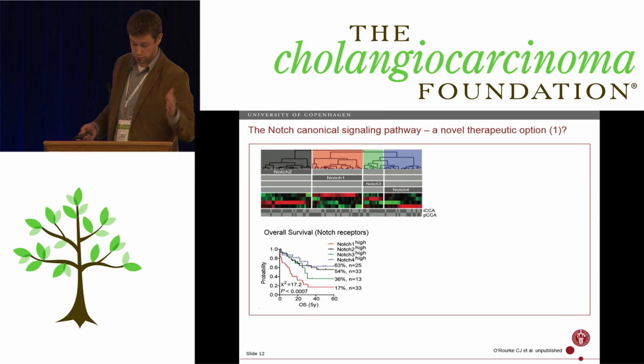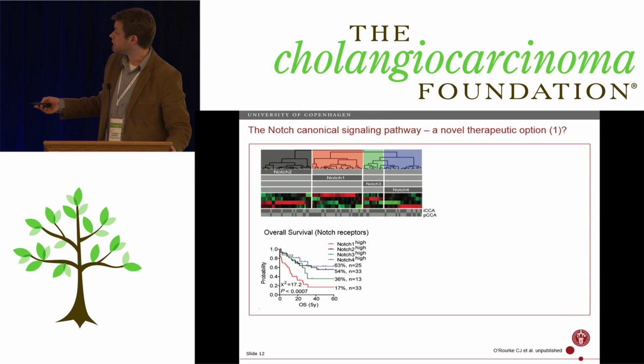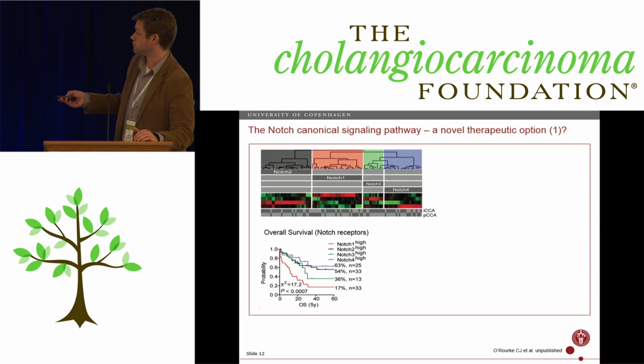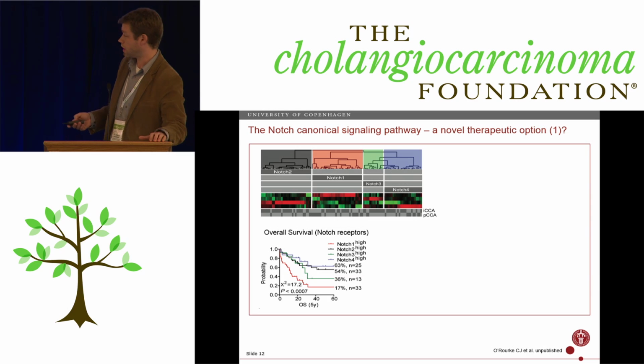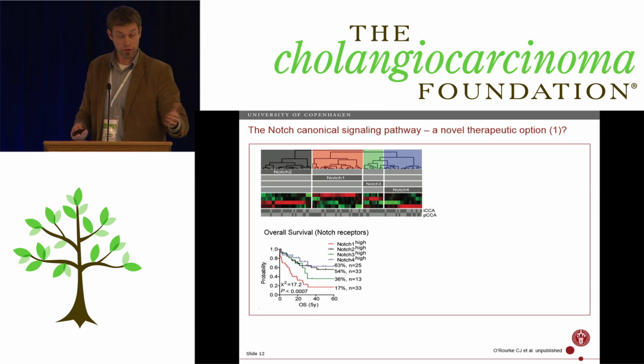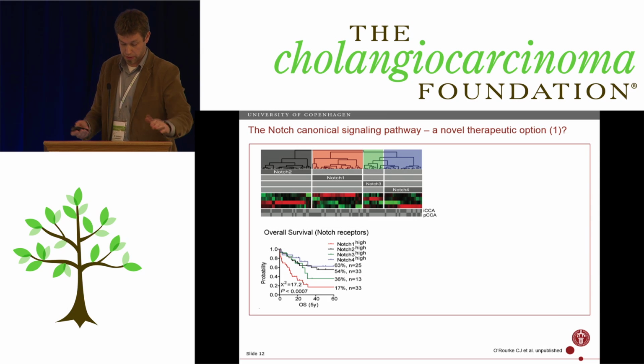To our very big surprise, we were able to group them in 4 very distinct groups, with each of these groups having a high expression of either of the NOTCH receptors, but never an overlap between the expression patterns. In the case of NOTCH1 high expressing patients, they have the absolutely poorest overall survival looking at 5 years compared to NOTCH2, 3, and 4. And that was an even stronger poor survival than our original poor and good survival classification of these patients, devised when we did unsupervised clustering of the patients.